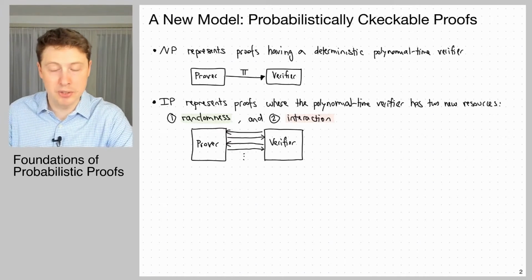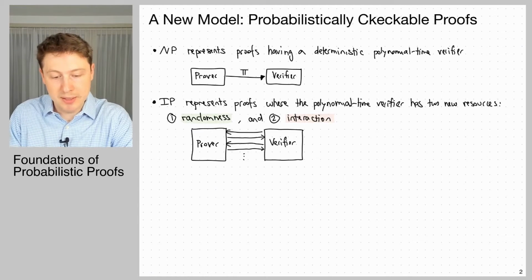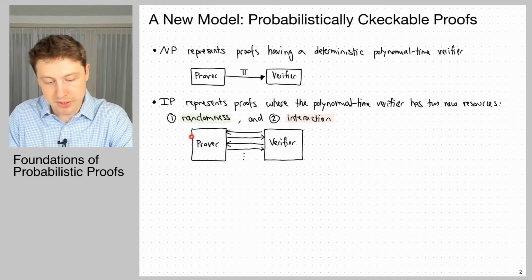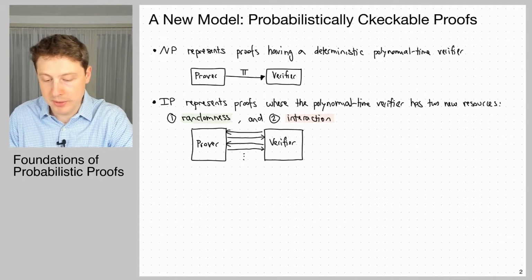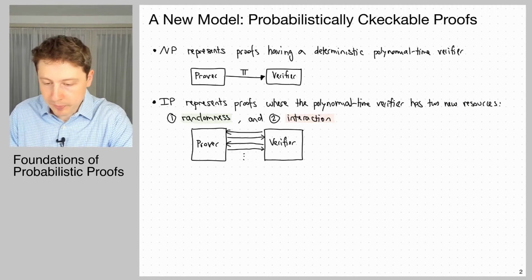We also saw how either of them alone is not very interesting, so they lead to something interesting only in combination. This was the canonical picture of an interactive proof, with prover and verifier exchanging messages, the verifier running in polynomial time, flipping coins, and eventually outputting accept or reject.